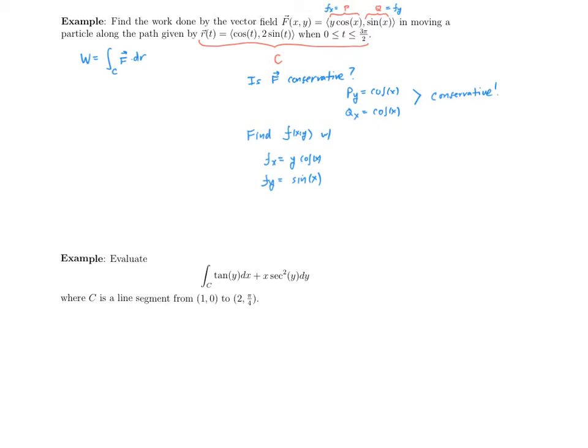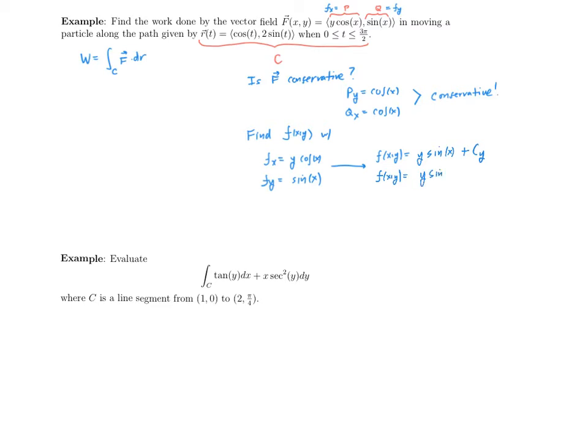So assuming that you've done that, and if not, I strongly encourage you to do so, we will undo these partial derivatives. That first equation tells us that f is the antiderivative of y cosine x with respect to x, which would be y sine x plus a constant, remember possibly involving y's. From the second representation, we know that f should be the partial antiderivative of sine of x with respect to y.